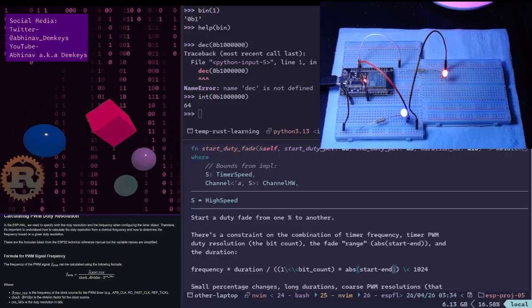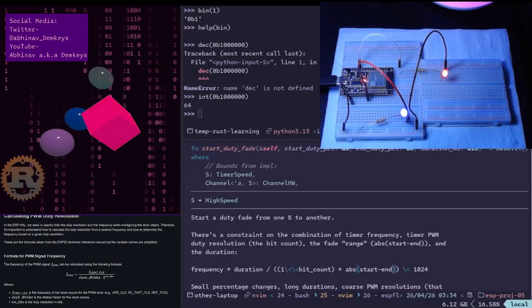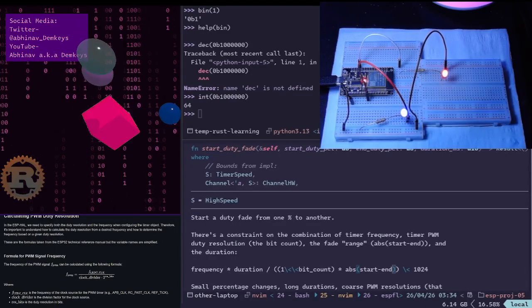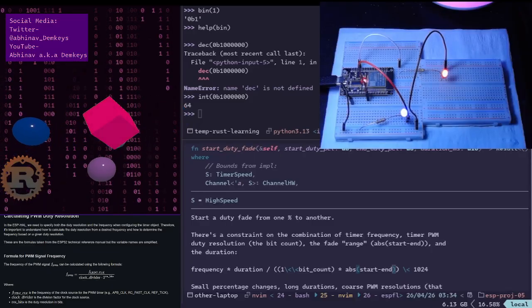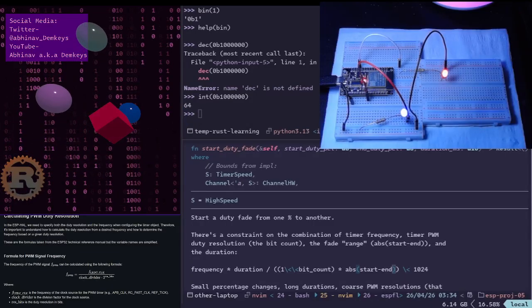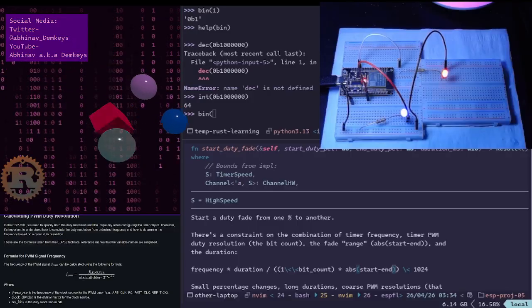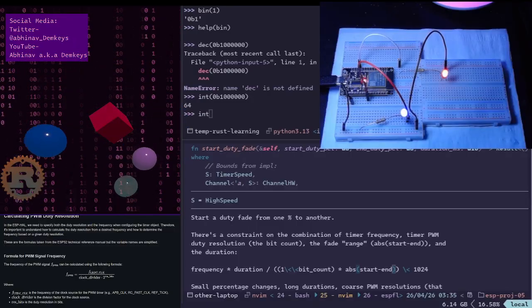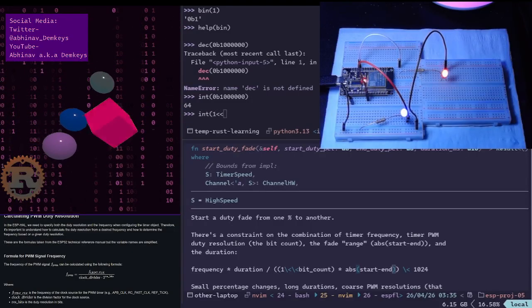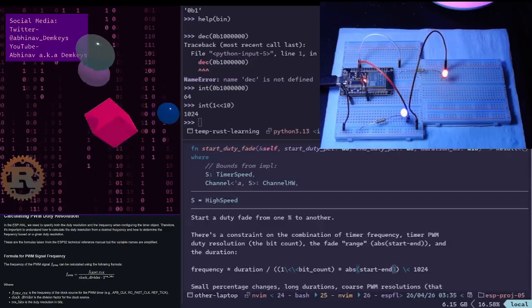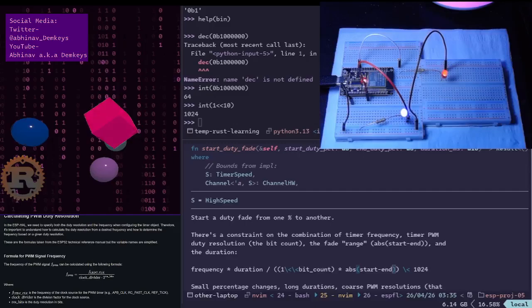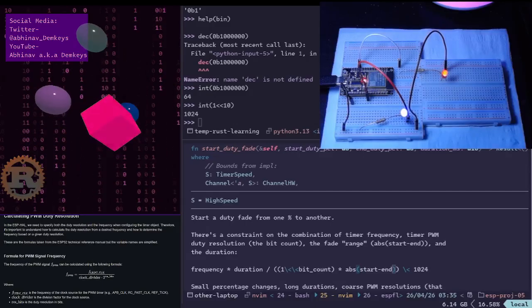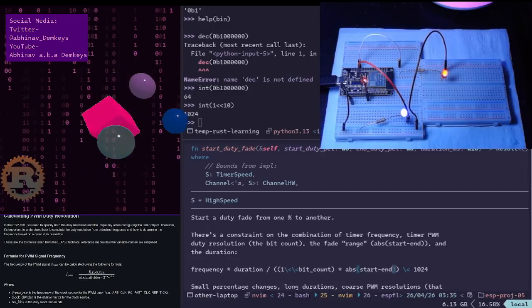So, for example, if I want to find out in 8 bits, or in 10 bits, what is the max value that I can represent, I can do int this, this, and then we get 1024. I need to remember that, dude. And that makes sense, doesn't it? This did not occur to me.